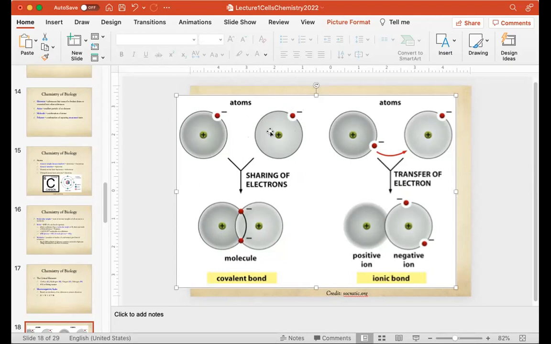This atom is unstable like this because electrons need to be paired in order to be stable. So if two atoms that have unpaired electrons come together, they can share their unpaired electrons, and now each atom has a pair. And this sharing, this bringing together, connecting these atoms, that's a covalent bond.